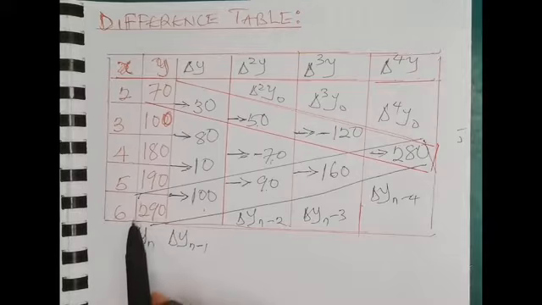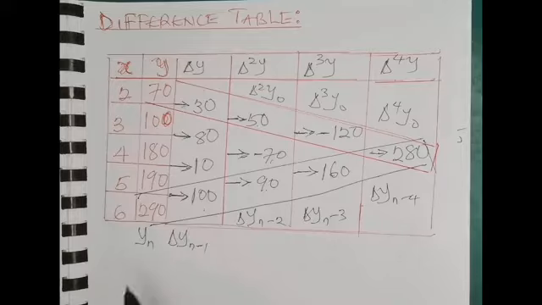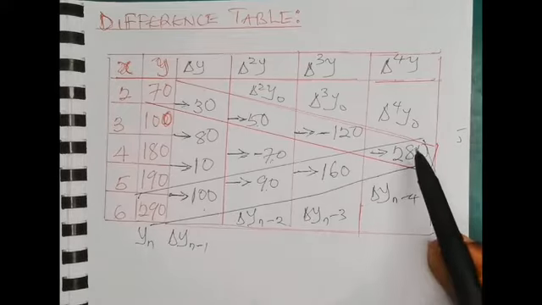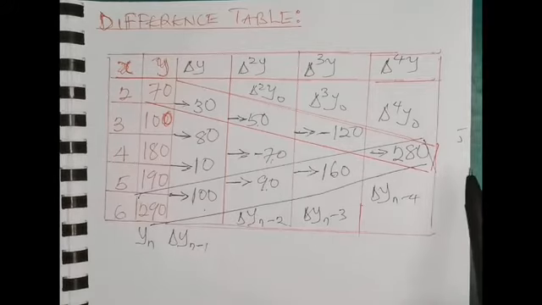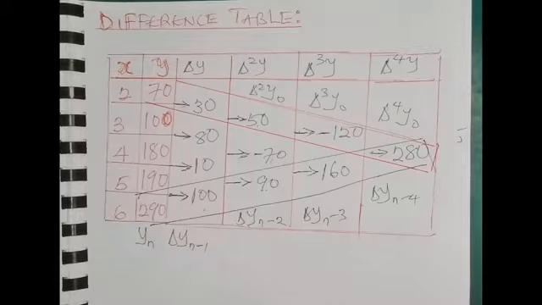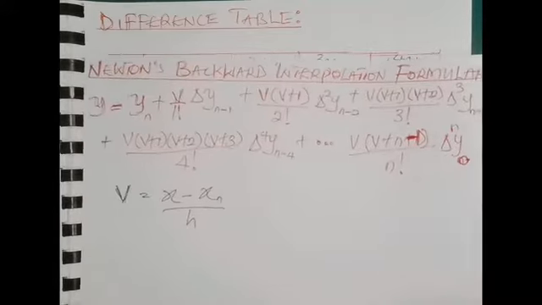The very last differences that connect to the first are called the leading backward differences, whereas these are called the leading forward differences. It's as simple as this. Having found these values from the difference table, all you need to do is plug them into the formula.